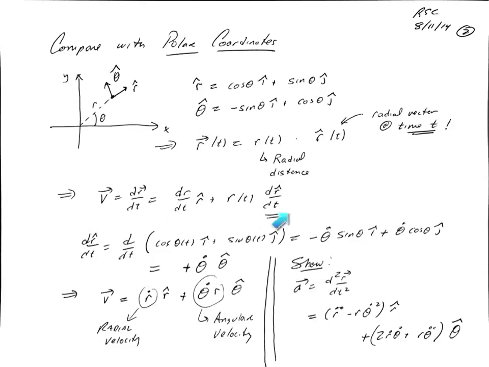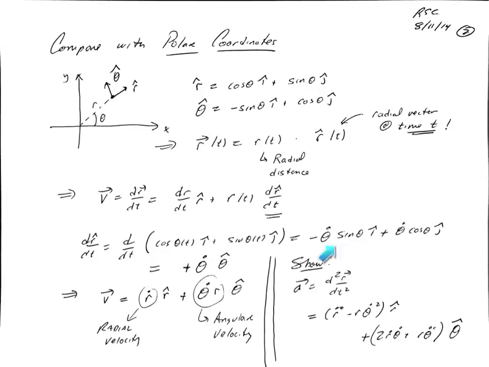So now when we take the derivative of r with respect to t to compute the velocity, we get 2 terms. The derivative of the radial distance with respect to time times r hat plus r times the derivative of the r hat vector itself with respect to time. Well, d r hat/dt is d/dt of what we said r hat was, cosine theta i hat plus sine theta j hat, and theta depends implicitly on time.